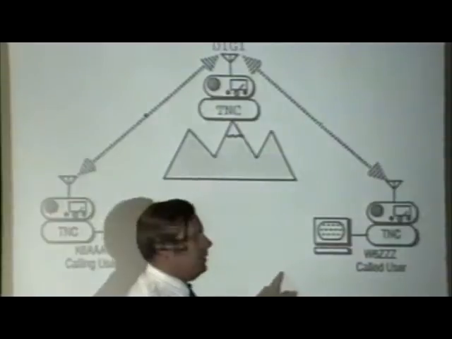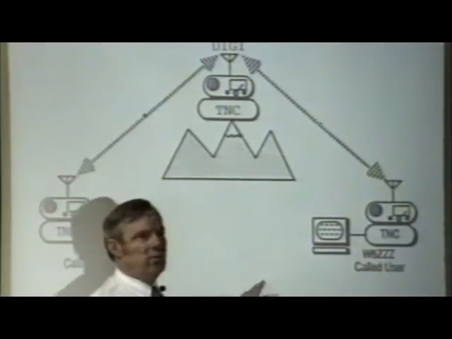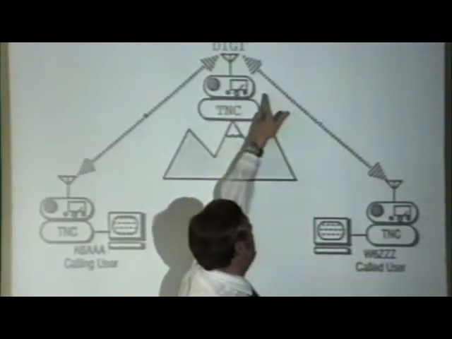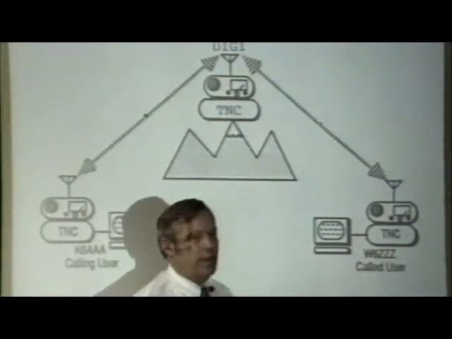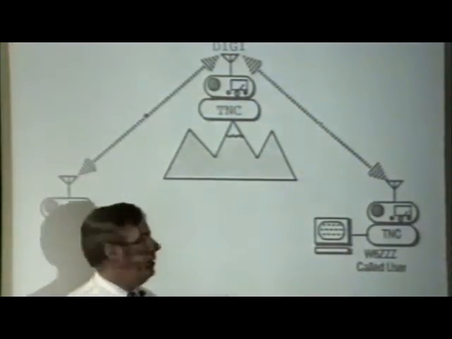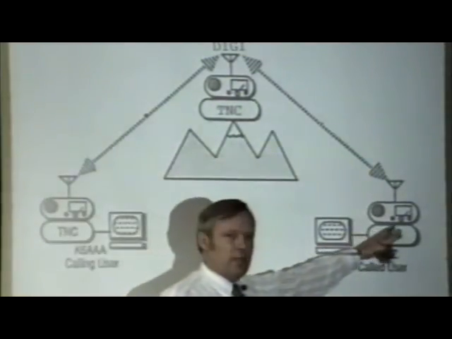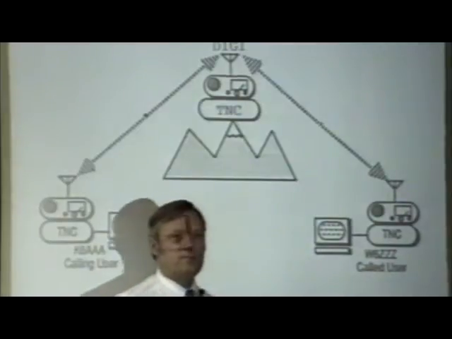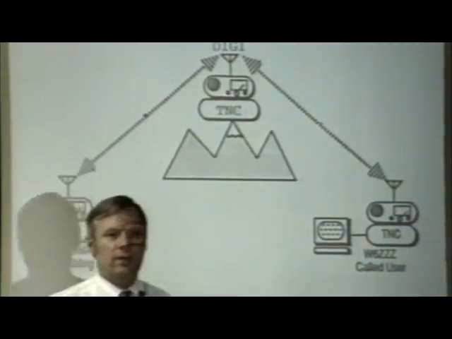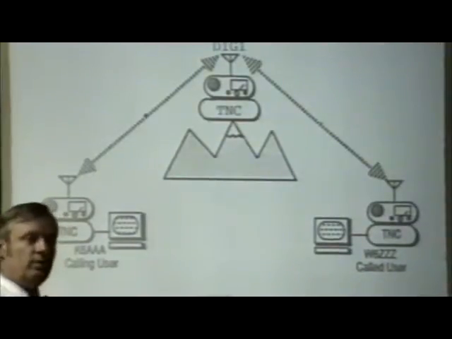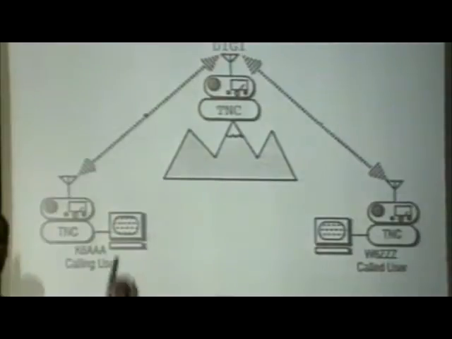Well, K0PGM out here happens to transmit at the same time and clobbers the UA, so it's got errors in it. This TNC throws it away. This guy's waiting for UA. As far as this guy's concerned, he's sent the UA. Now we're sitting here. Finally, this TNC retransmits the SABM after the FRACK timer goes out.